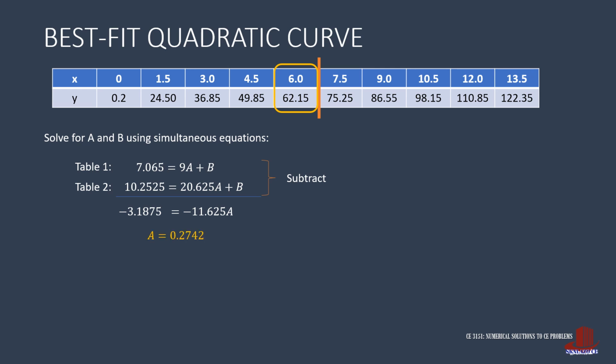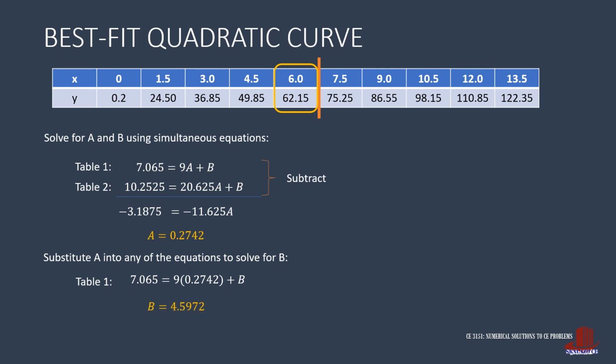So by dividing these two by negative 11.625, we get a as 0.2742. Plug this value into any function. Say we take the one from the first table again, and we get 7.065 as equated to 9 times 0.2742 plus b. So b becomes 4.5972.